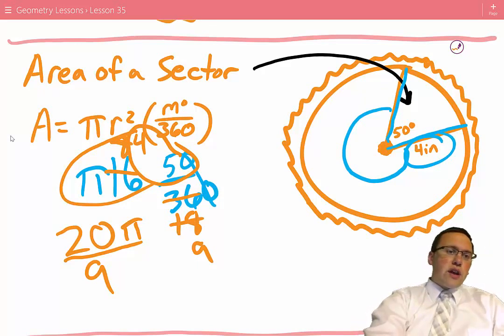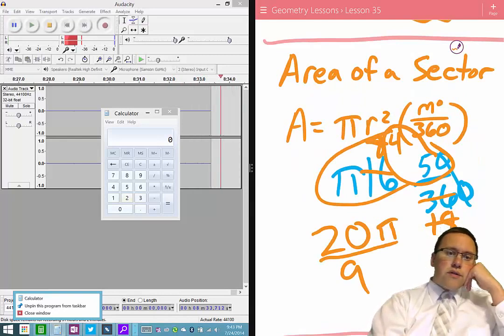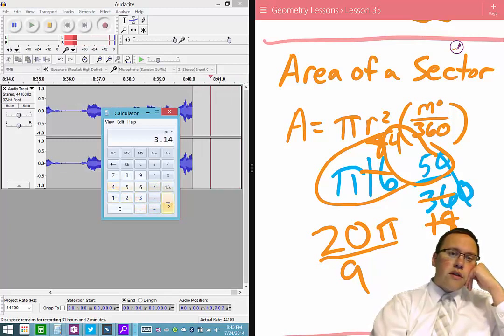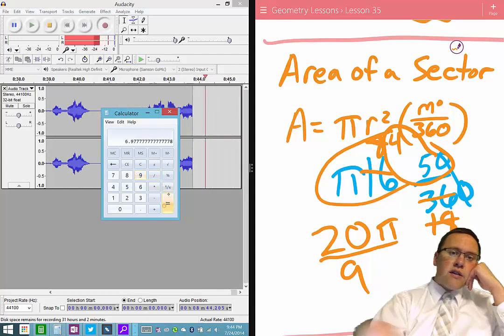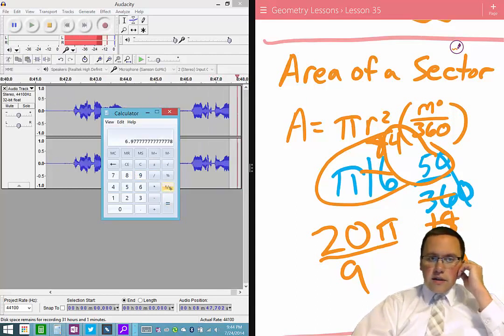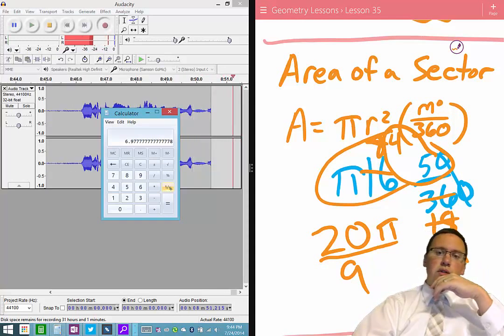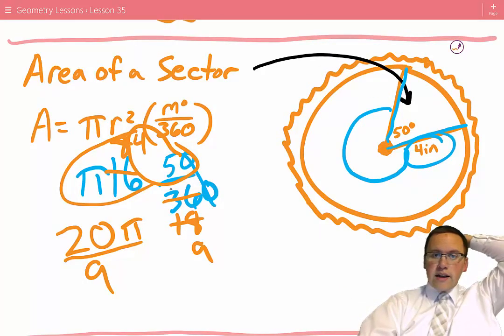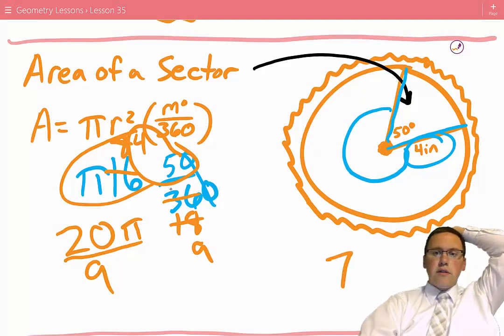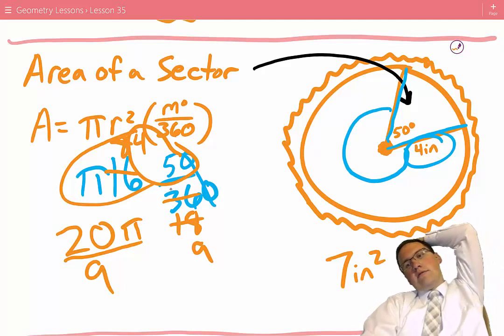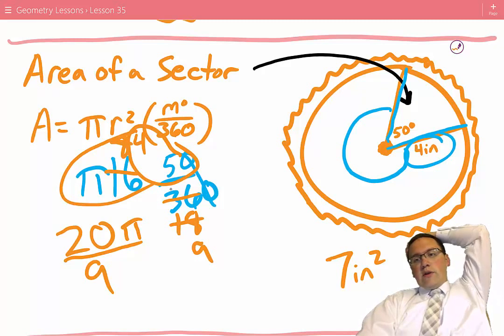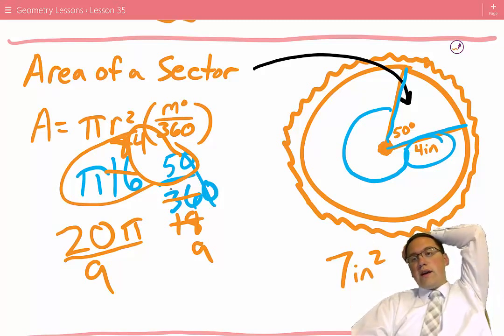So we could try that with a calculator. So 20 times 3.14 divided by 9 is 6.97 repeating, which means you got approximately 7 square inches of pie, which means if there's 6 other approximate pieces like this, it means it's roughly a 49 square inch pie.